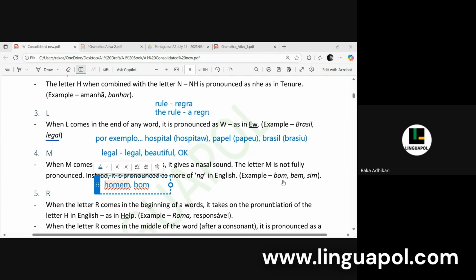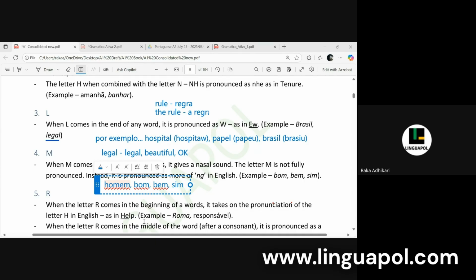So we say bom. Bom means good. Then this word bem. Bem also means good. Then we have sim. Sim means yes. We have already learned this before. Okay. So like this, there are a lot of words, and we need to practice this one.